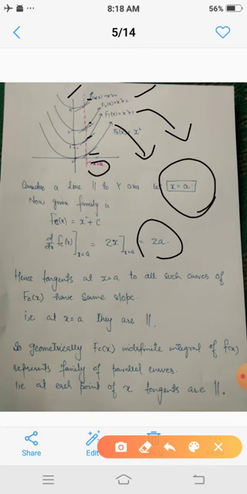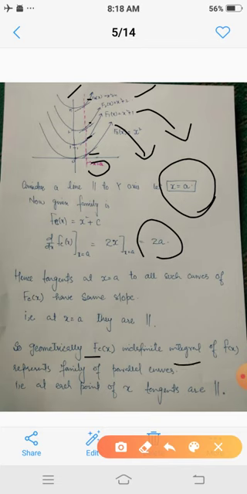This means that the slope is the same. When the slope is the same, they are parallel to each other. Hence, simply we can say that at any point, the tangents at that point are parallel to each other. So geometrically we can say that this collection F_c of x, meaning the indefinite integral, simply represents the family of parallel curves.